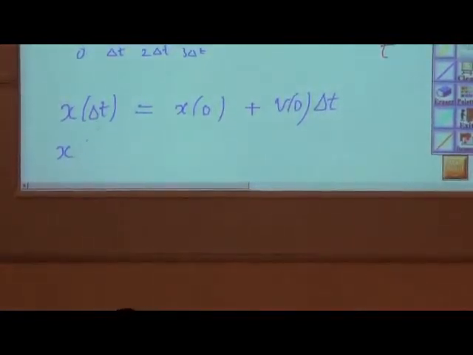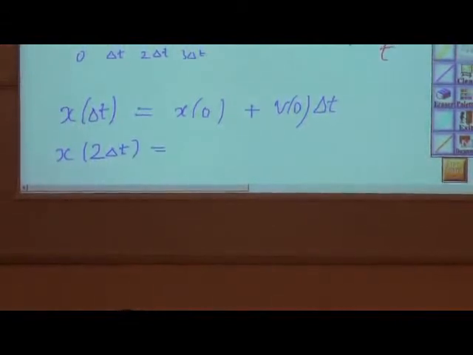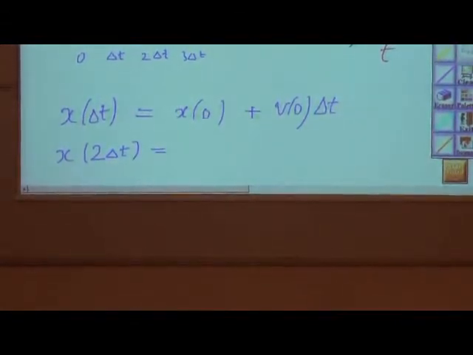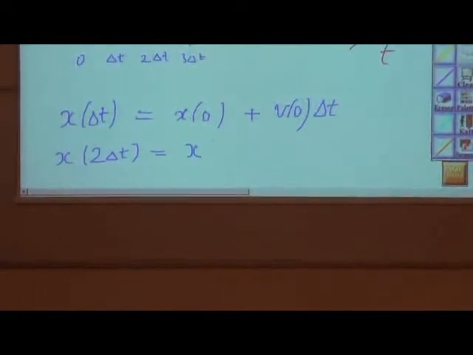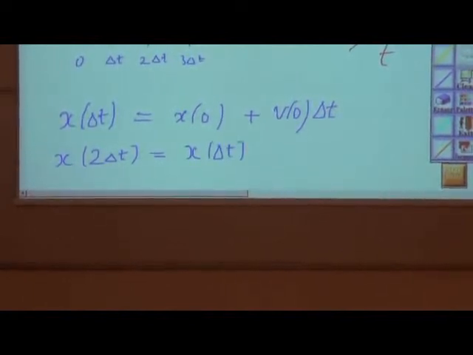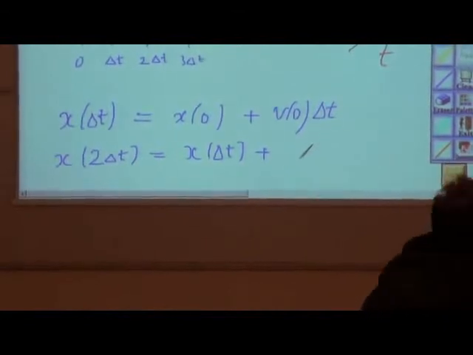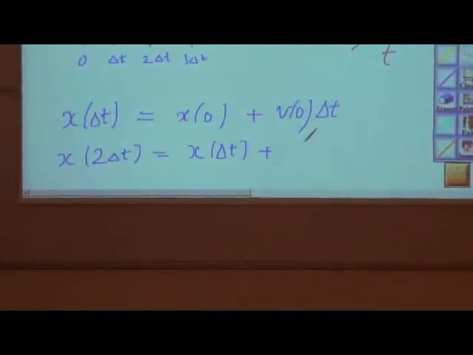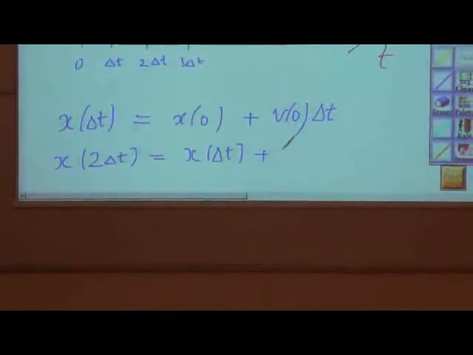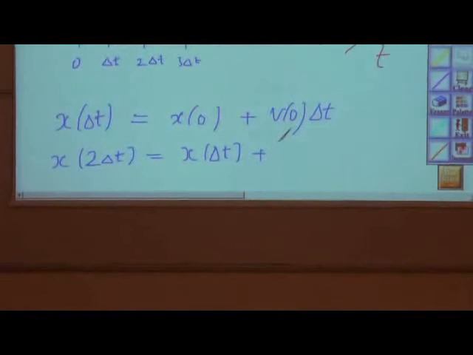What velocity do you write? Well, you have just measured the velocity at time t equals 0. That's the velocity you know. Okay, so you write that velocity. Okay? Is this clear? Very simple.